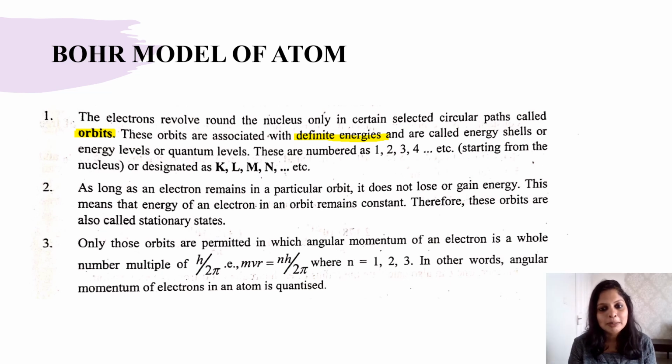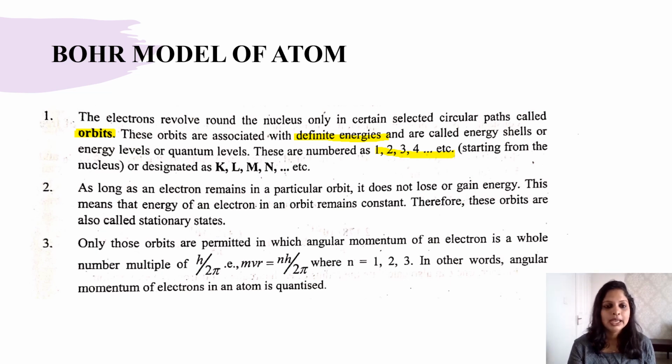They are also numbered 1, 2, 3, 4, etc., or you can say K, L, M, N is the other designation we can give. So this is the first postulate.